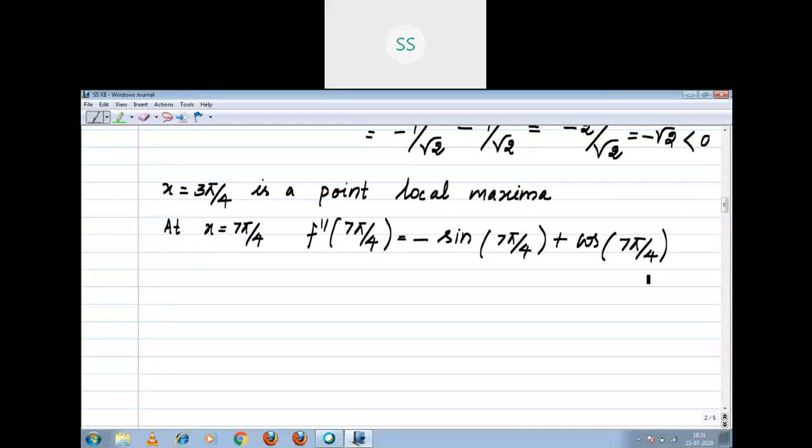How much is 7 into 45? 315 degree, right? 315 degree means it lies in the fourth quadrant.